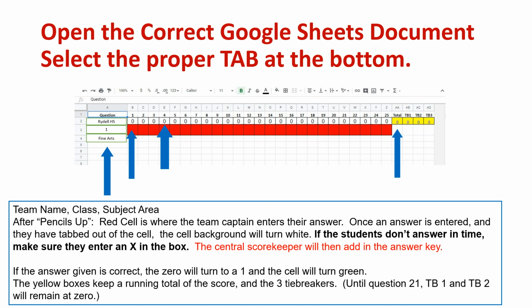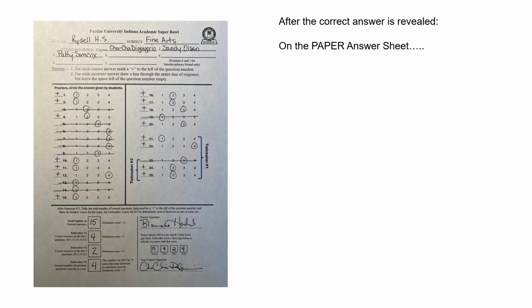The yellow boxes on the right keep a running total of the score and the 3 tiebreakers. Until you reach question 21, tiebreaker 1 and 2 will stay at a 0. Tiebreaker 3 is how many questions they got right in a row, so that calculates all the way through the round. Tiebreaker 1 and 2 don't kick in until question 21.